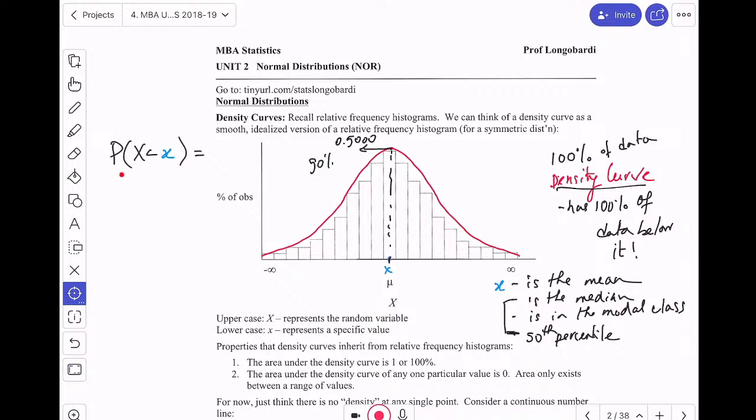Those are all the same meaning. So I'm going to write it down like this, or like this. They're all the same.